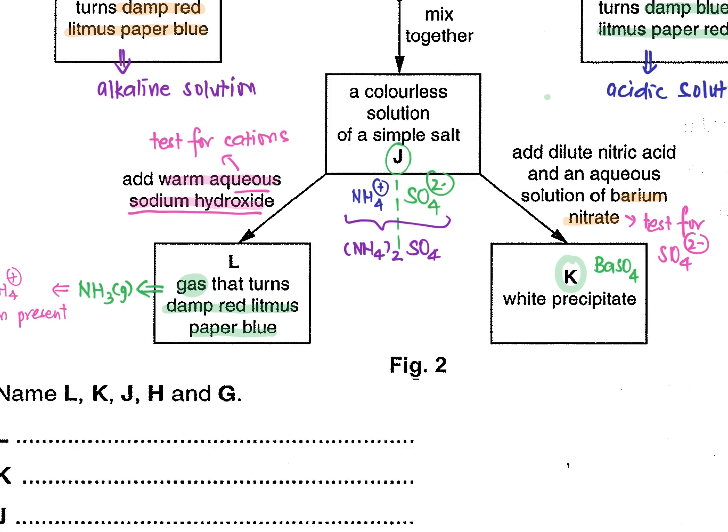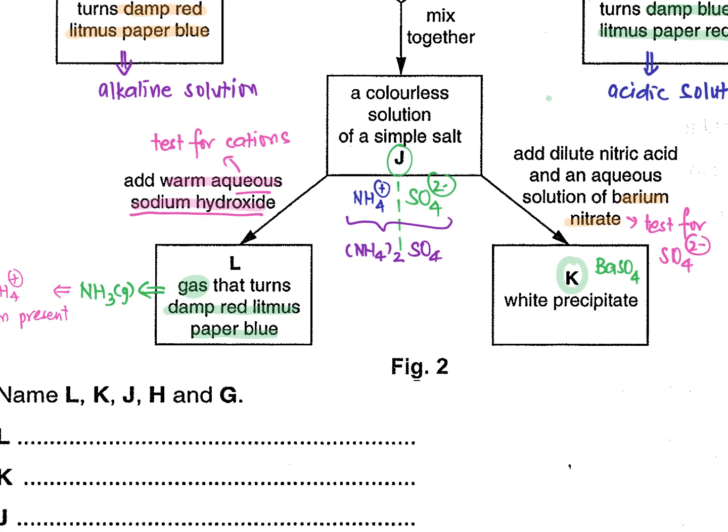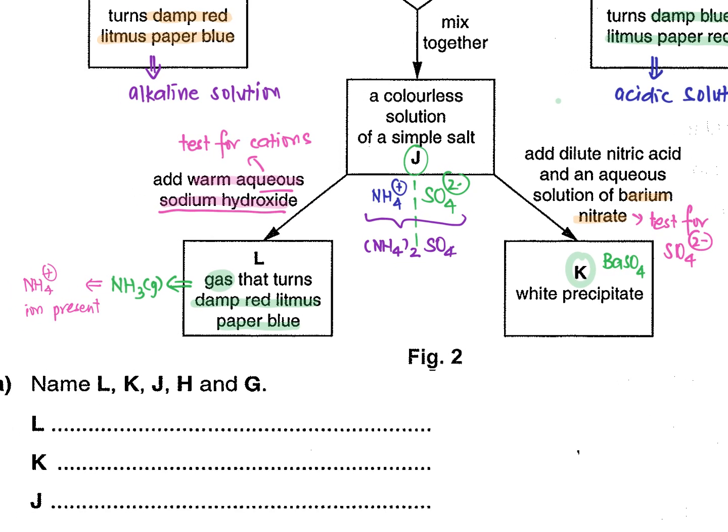Okay, up to this point, anyone lost? You look at your worksheet 1, the test for cation, the last test there. If you add aqueous sodium hydroxide and you warm it, then you produce a gas.